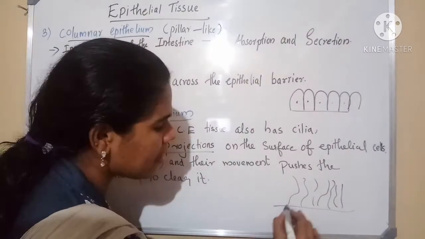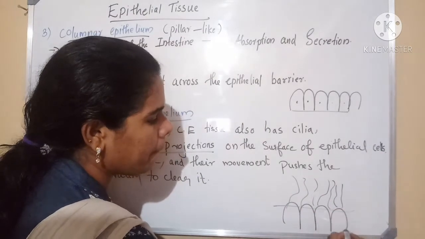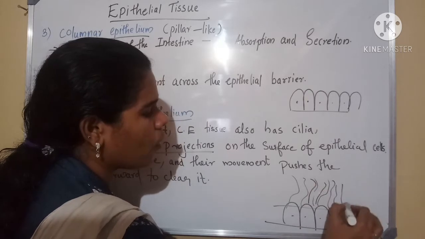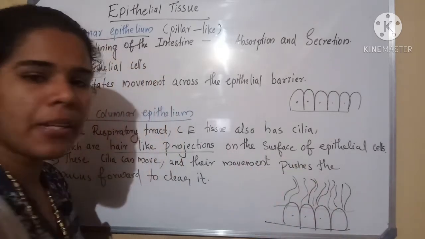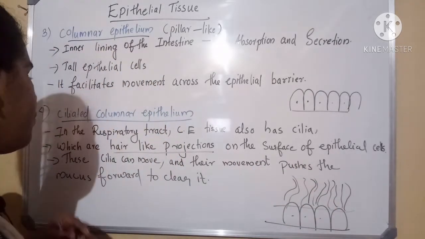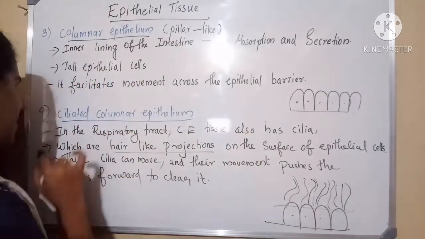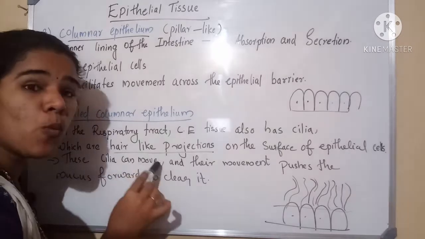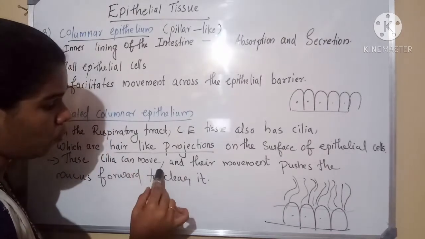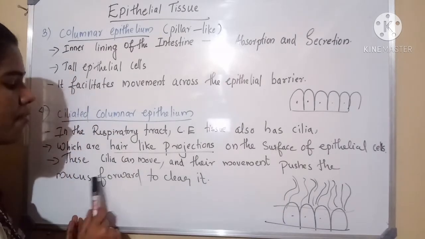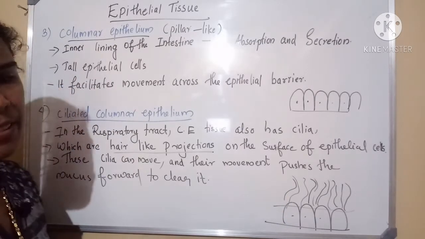So here the cells are there, and on the surface we can see cilia, the hair-like projections. What is the function of this cilia? The function is that the cilia can move, and their movement pushes the mucus forward to clear it.